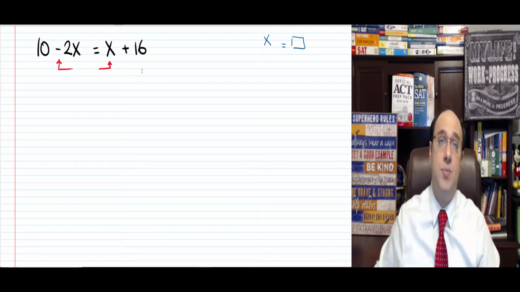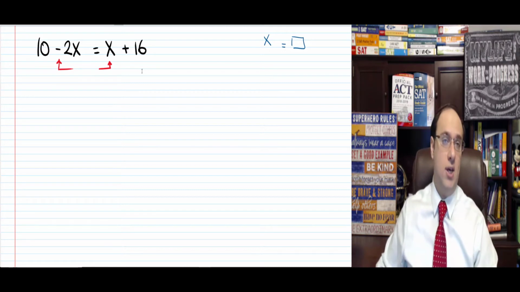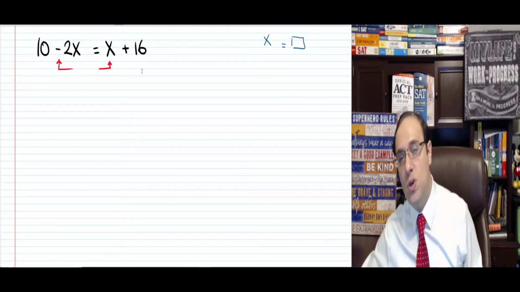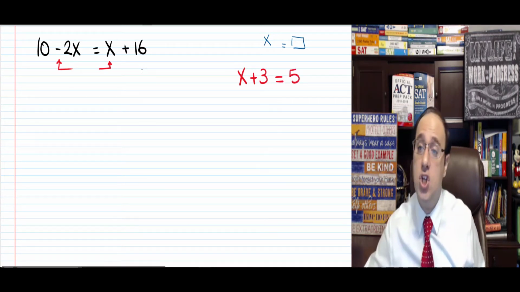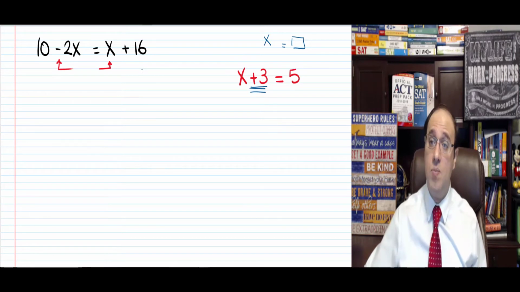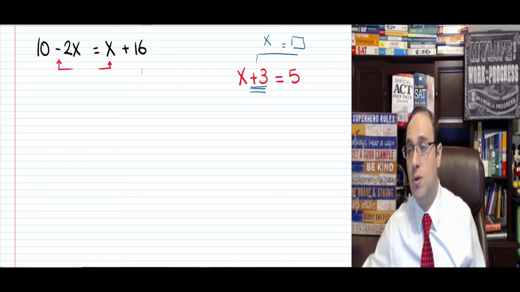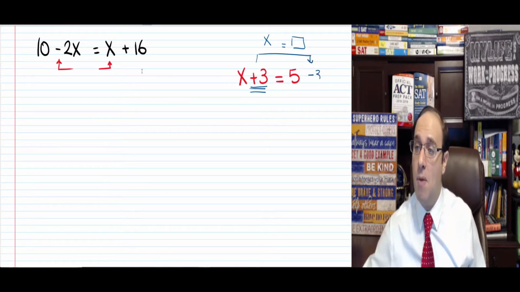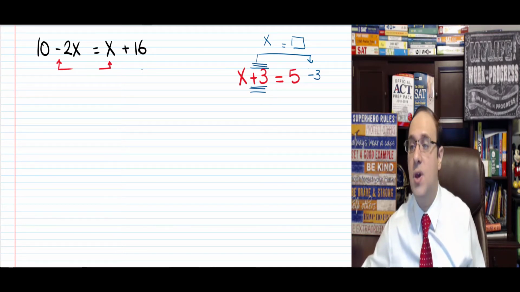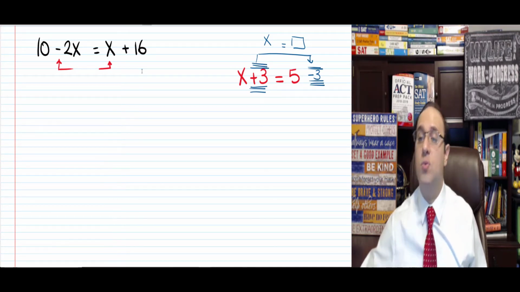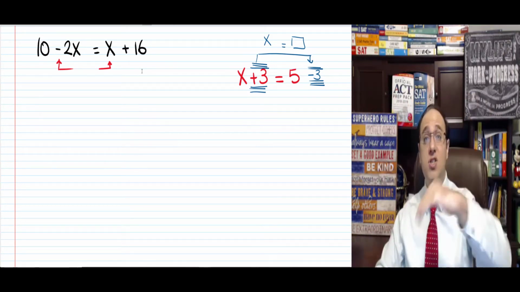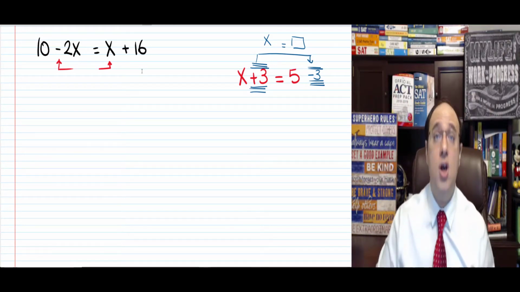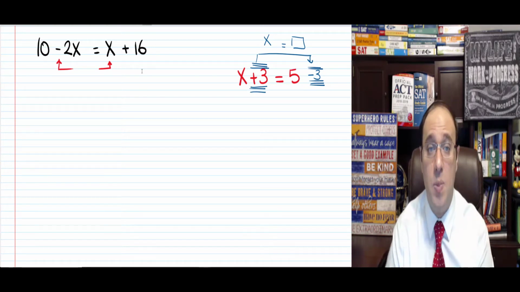What do I do when I have something like this? There's a little trick here. Remember how we used to move things from one side of the equal sign to the other by changing the sign that came with it? So the plus 3 moves from here to here as minus 3. Remember that? Okay. This is true. To move one thing from one place to the other across the equal sign, across that bridge, we need to flip its sign.